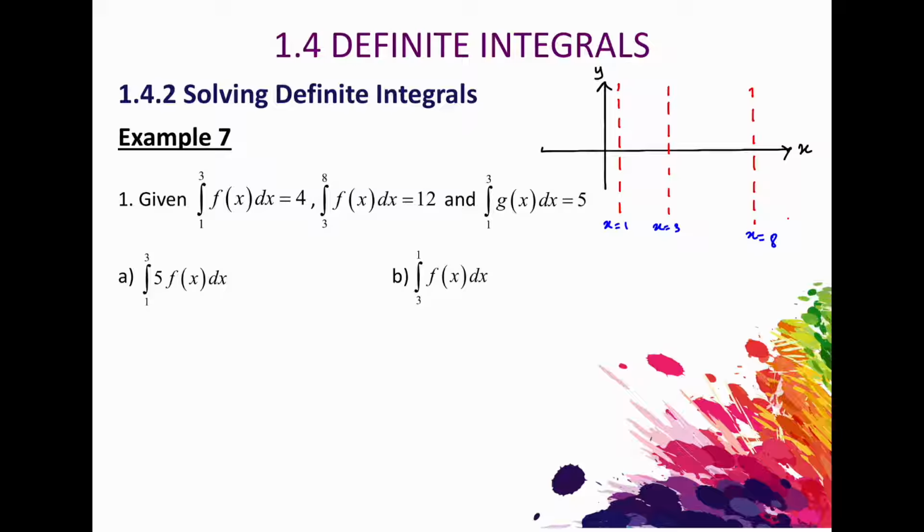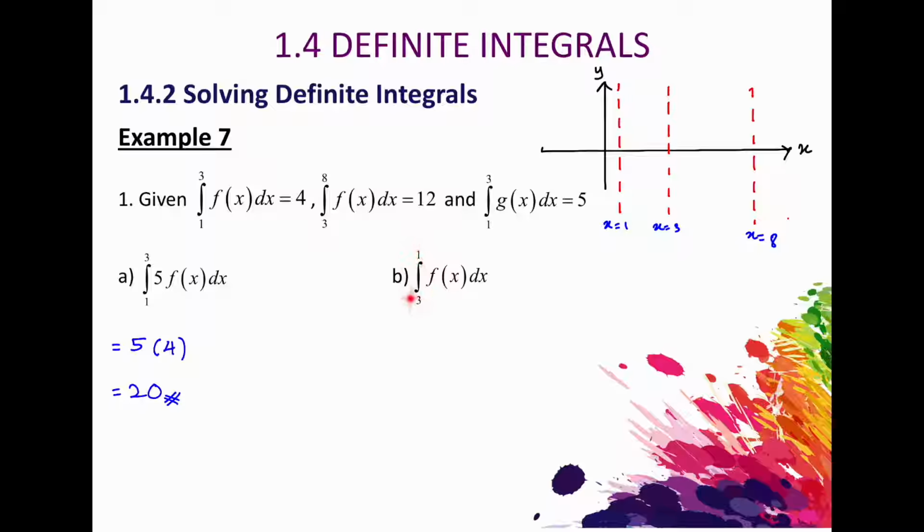So the first one is to integrate 5f(x) from 3 to 1. We take out 5 as the constant, and then we know that the integration of f(x) from 3 to 1 is 4. So we multiply 5 by 4, we get 20. And then for question B, we use the property. Normally we integrate from 1 to 3, the lower value at the bottom and the higher value at the top.